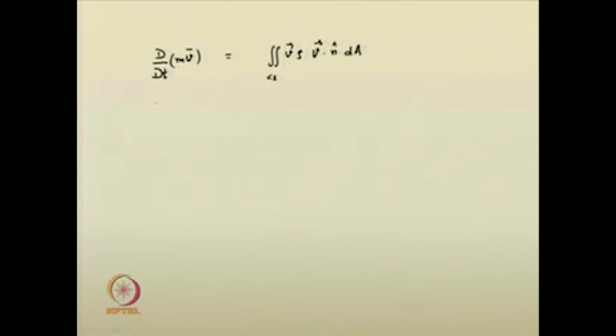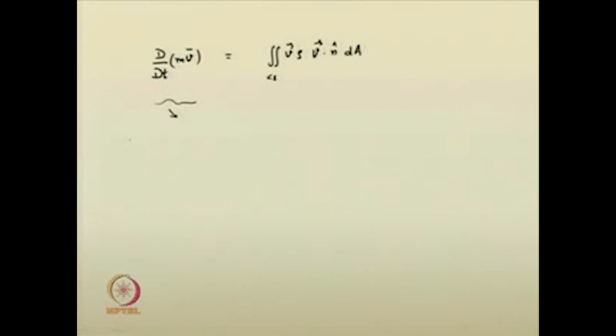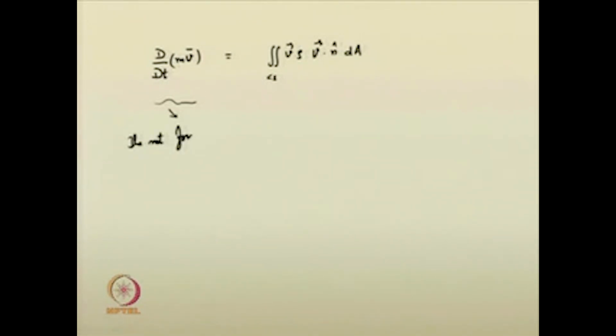What is this quantity? The material derivative of momentum, that means the rate of change of momentum in the control volume, that will give you the net force acting in the control volume. This gives you the net force sigma f, and the second term.